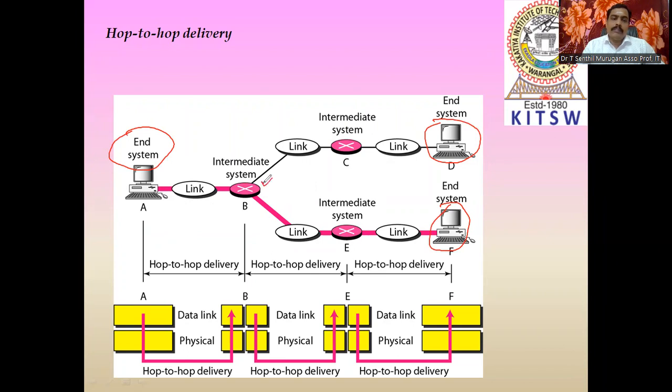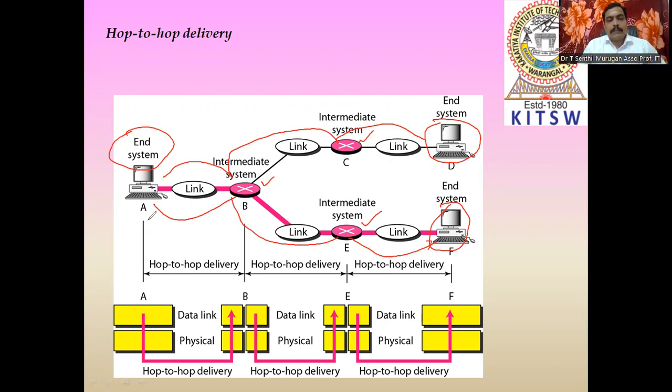B is a router, C is a router, and E is a router. From A to D, the path is A, B, C, D. First the information comes to this router, then to C, then it reaches D. If A wants to send information to F, first it will send to B, then B to E, then E to F. The information goes like this.